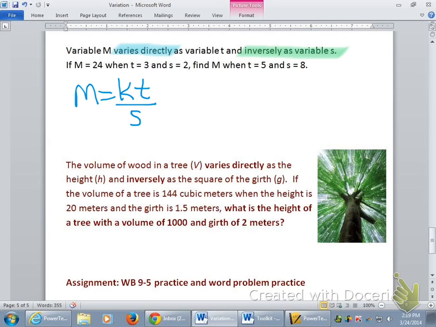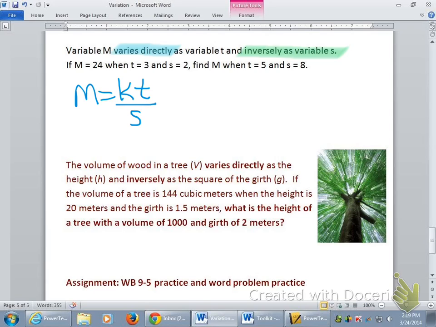If you look right here, M equals K times T. If it says K times T, that's direct. This says K divided by S. K divided by S is inverse. So is my direct variation and my inverse variation happening at the same time? It sure is. It just depends on the variable. What would it be like, y equals kx over what?